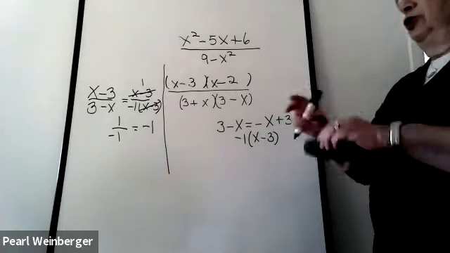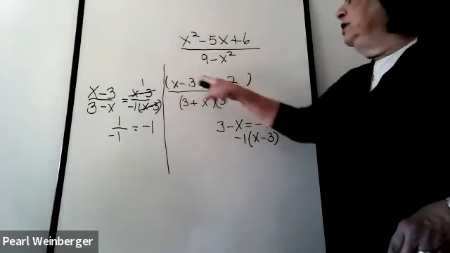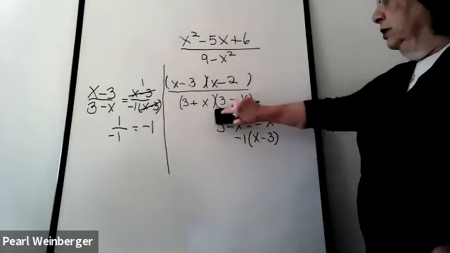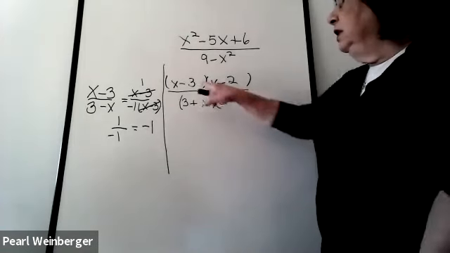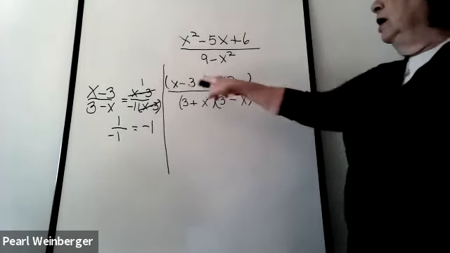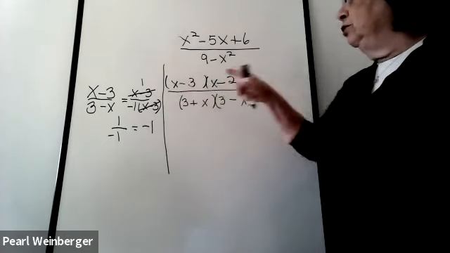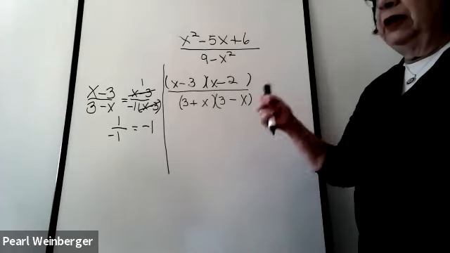And now let me explain what you can do as a shortcut. If you see that you have two binomials that really look alike, and the only difference is that the order has been switched, this is an x minus 3 and this is a 3 minus x, those can be reduced.